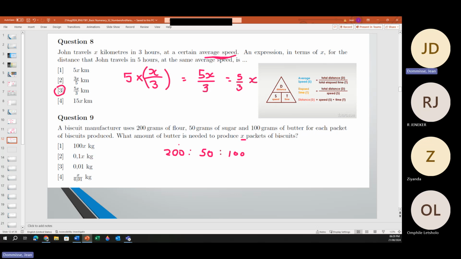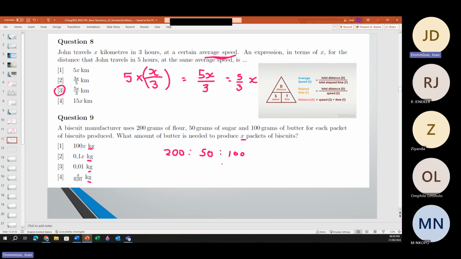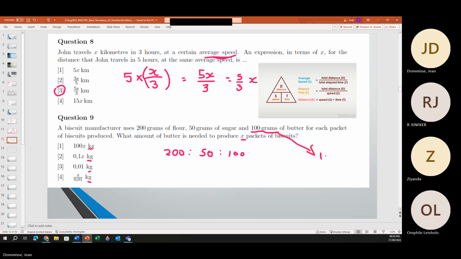Okay, so what I want to check is if you guys know how to go from grams to kilograms. So 100 grams is equal to 0.1 kilogram.